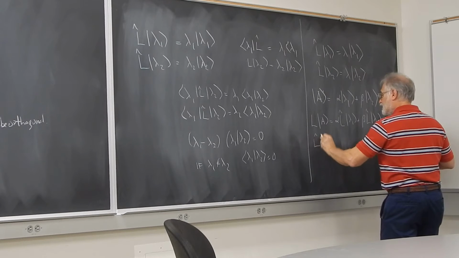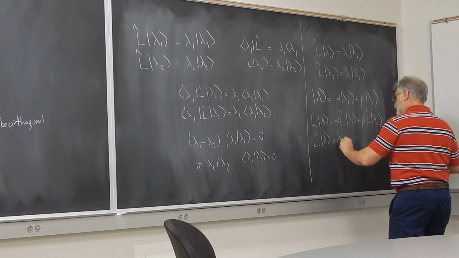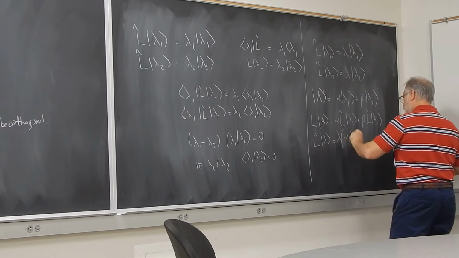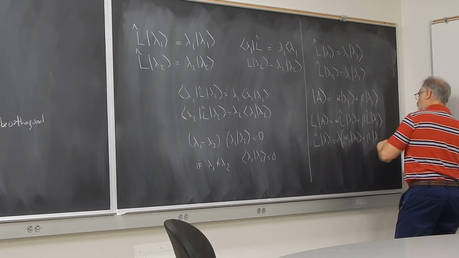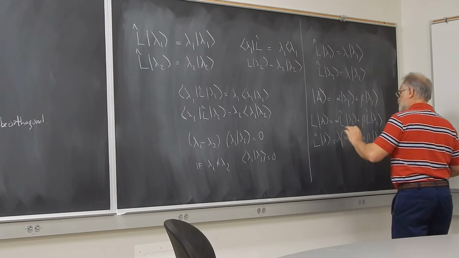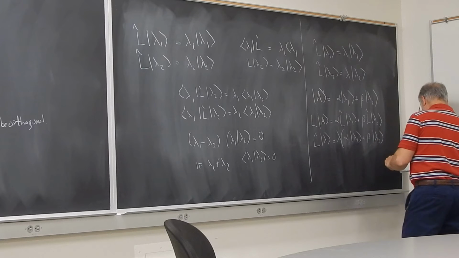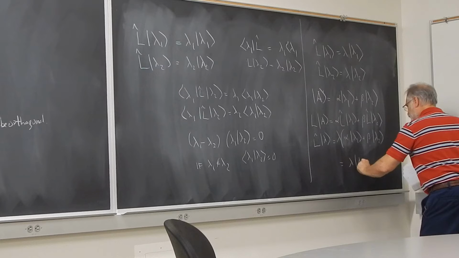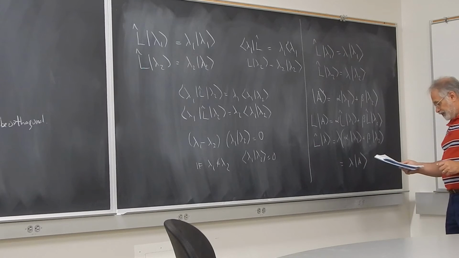And L applied to A then would be equal to lambda times alpha lambda 1 plus beta lambda 2, which of course is equal to lambda times A. So it works.